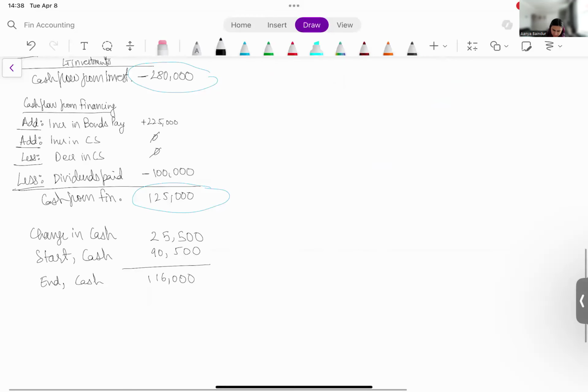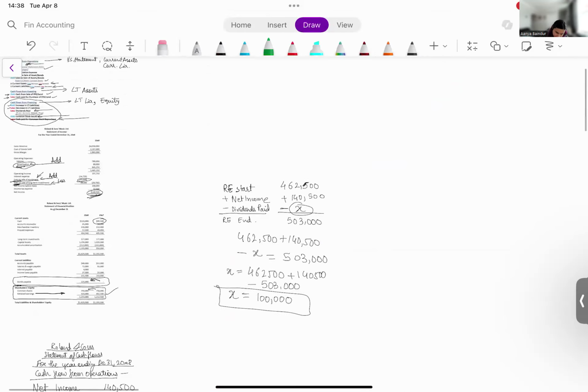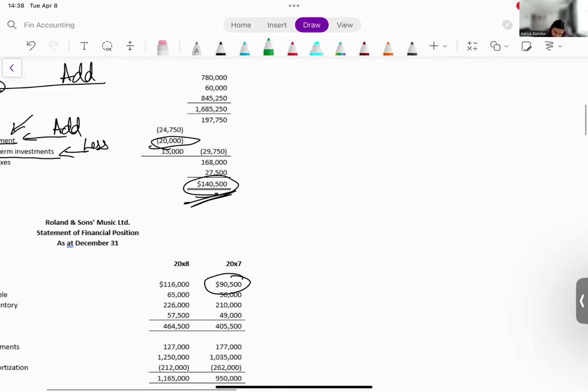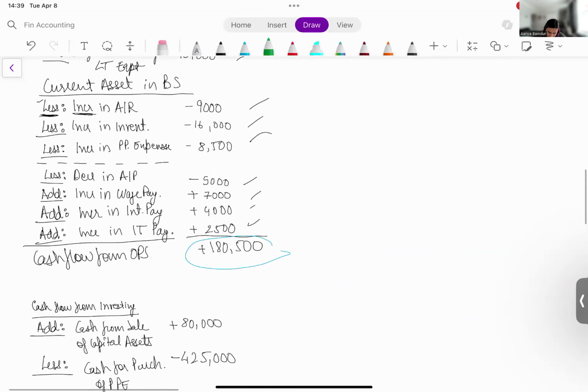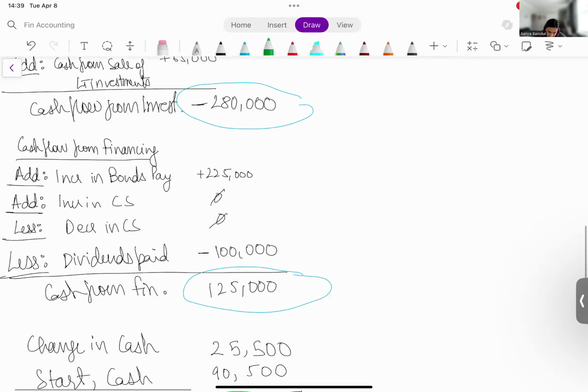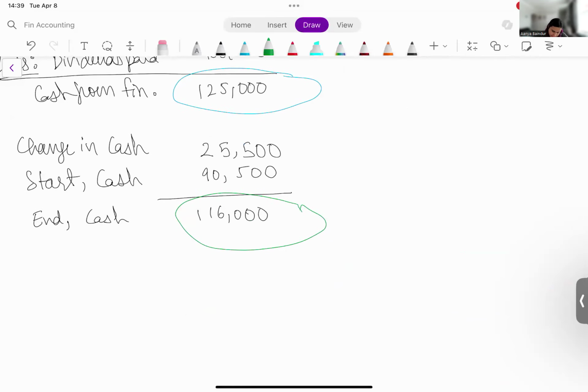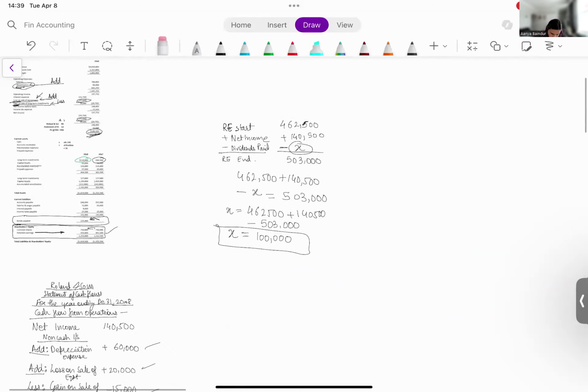Now you will note that this amount that you see here will end up being the same as the ending cash value here, 116,500. I made a mistake of 500 somewhere because we're starting wrong, but both those values are correct. And once you get this, it should be 116,123.